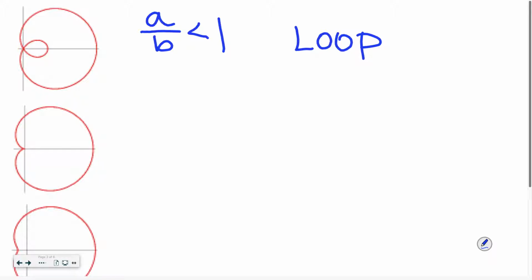What does this one look like? It looks like a heart, I think, because it comes to that point. It is a cardioid, C-A-R-D. I always want to put a T there. It is a cardioid because it looks like a heart. It doesn't look exactly like what you would draw, but it has that point.